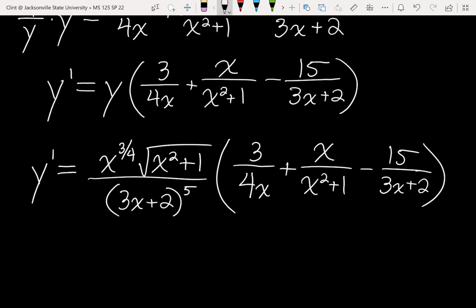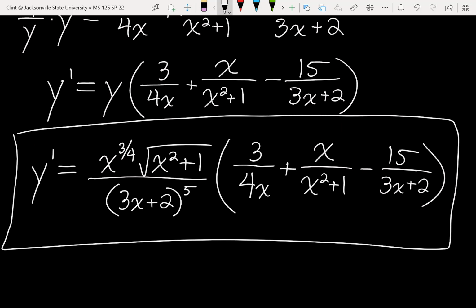Because when we need to take the derivative of this one, we get chain rule on this one. Nightmare that's turned into not being that bad with logarithmic differentiation. We don't have to make use of it very often in practice, but it's a really good technique when it calls for it.